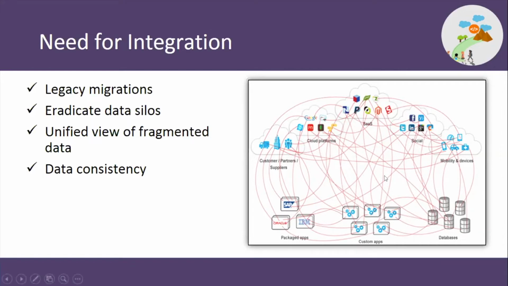So if you really see the picture over here, this is typically what enterprise landscapes look like, right? So there are cloud platforms, there are certain homegrown systems which are like custom apps.